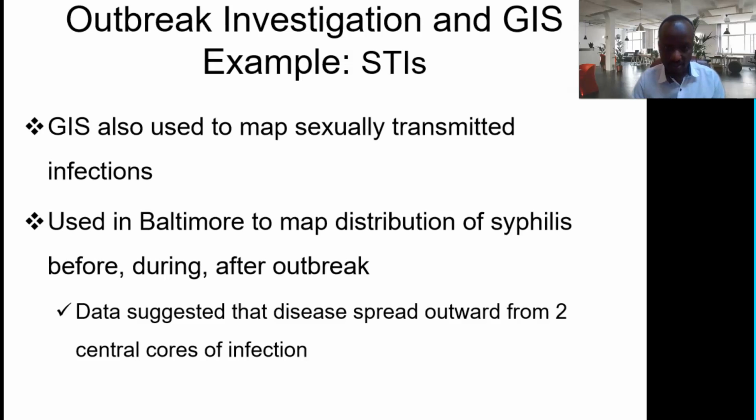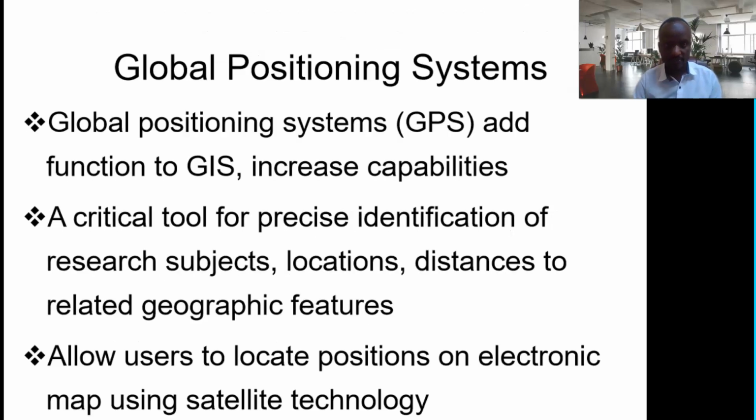The data suggests that it spread outward from two central causes of infection, and as we have said earlier, here GIS is used to know the foci or the center as the starting points of the sexually transmitted diseases.